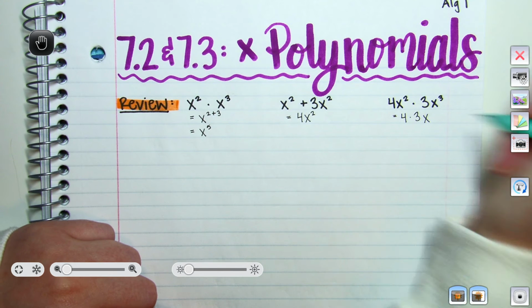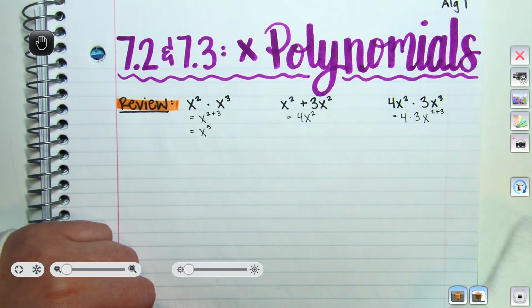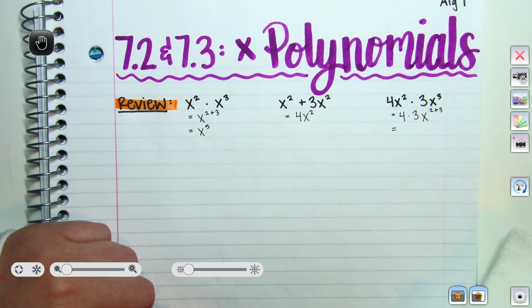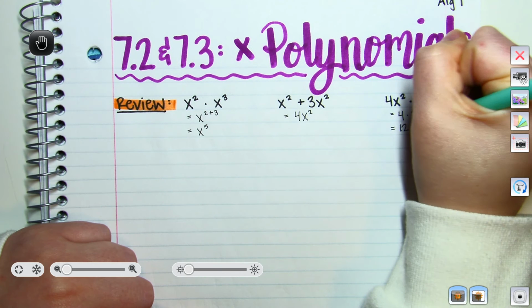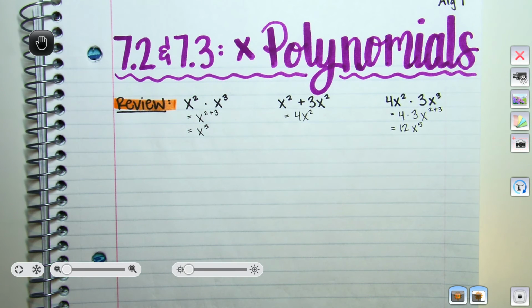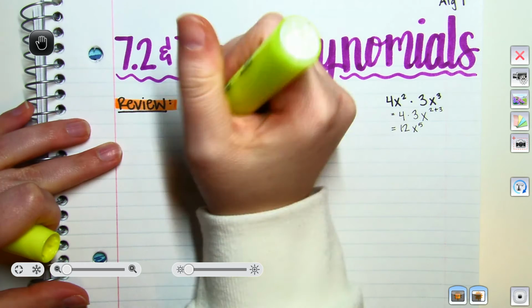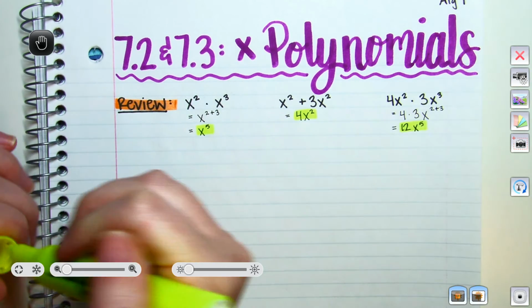Good, you should have said add. So the power of 2 plus 3. So at the beginning, 4 times 3 is 12, and then x to the power of 5. So that's just a little recap on how we're going to treat these different exponents that we'll be seeing throughout these problems.